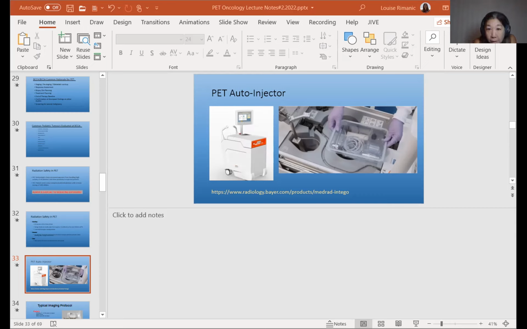Hard to say exactly where that is without looking at some reconstructed images, but there definitely are a number of focal lesions on this scan, and the fused image does help us localize the uptake a little bit more precisely. So this is just an example that demonstrates how PET-CT can enhance detection of lesions.